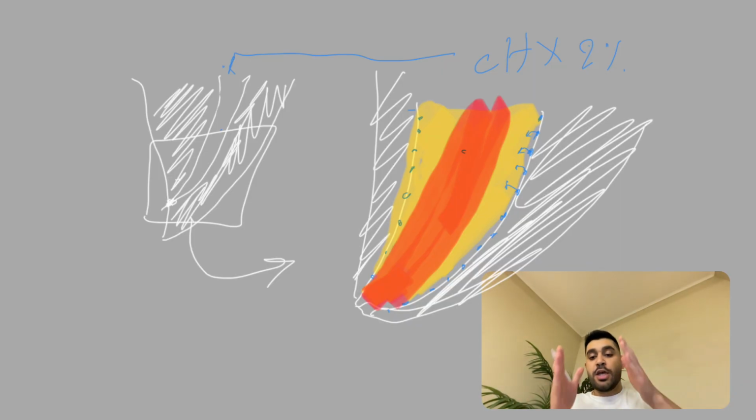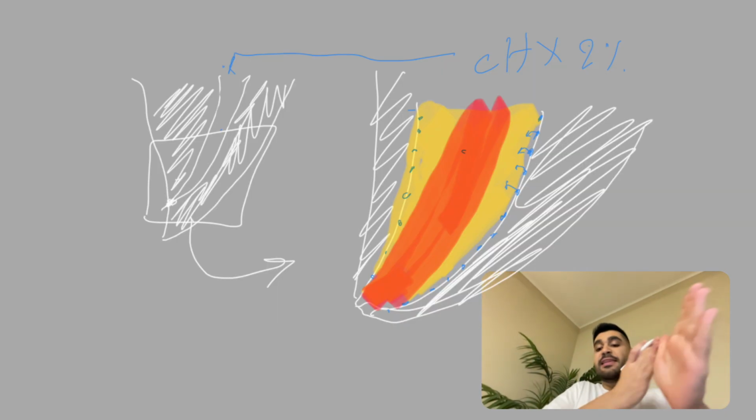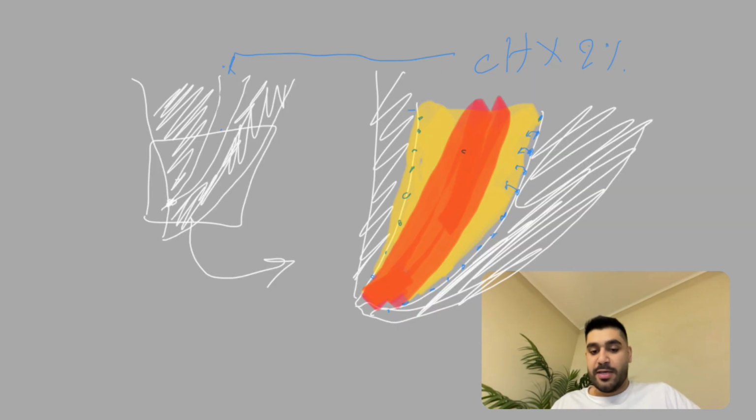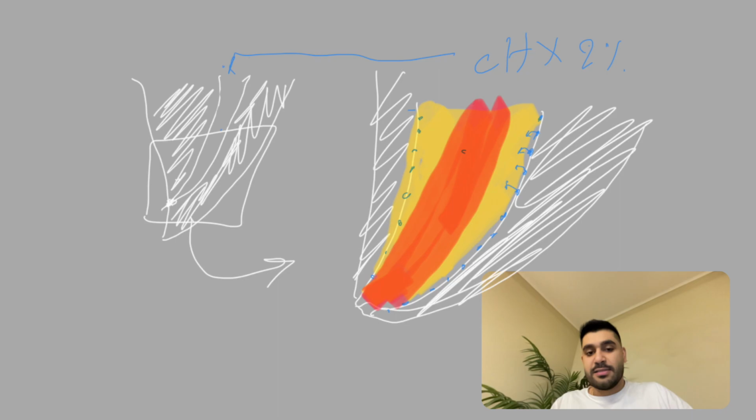Just imagine you did the irrigation with chlorhexidine, and you did the obturation after it, and the patient leaves the office. The day after the treatment, these chlorhexidine molecules jump and they continuously clean the root canals.